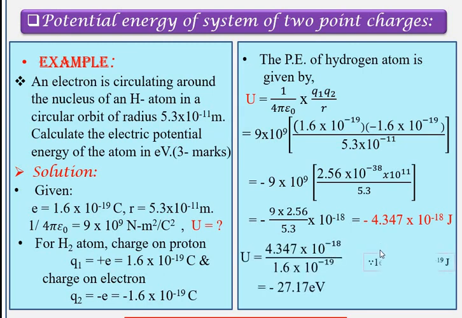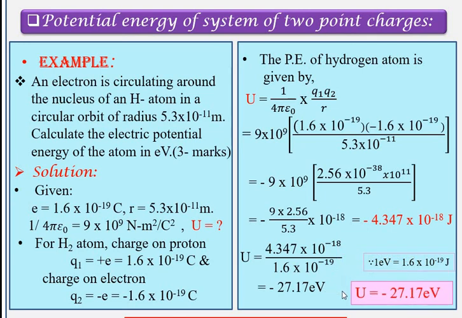We know that the value of 1 electron volt is equal to 1.6 into 10 raised to minus 19 joule. So divide this value by the value of 1 electron volt, that is 1.6 into 10 raised to minus 19. Simplifying this, we get U equal to minus 27.17 electron volt.